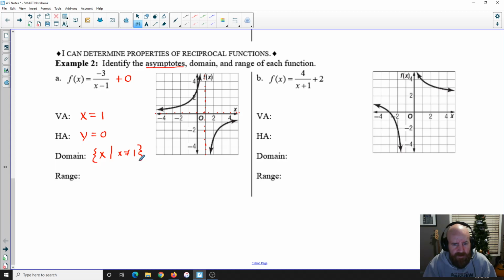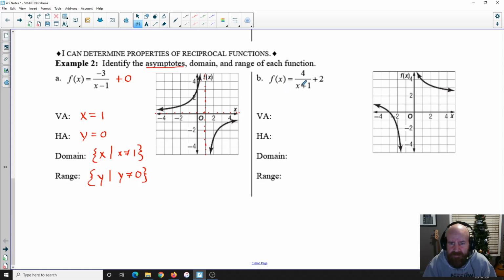That's just a different way of writing. We could use our other notation that we learned earlier in the year. And same with the y's. All y's such that y does not equal 0. And that's it. Let's try the next one.